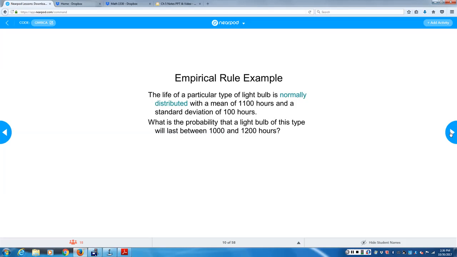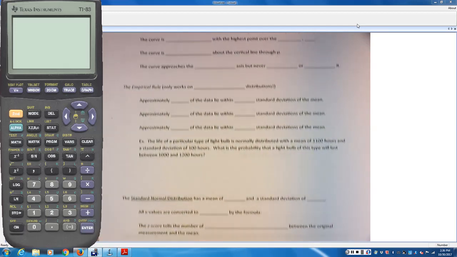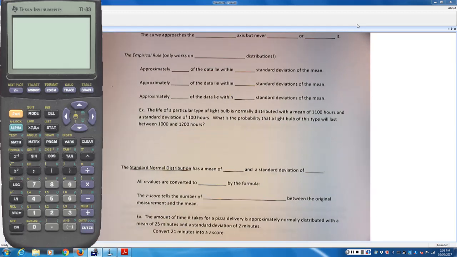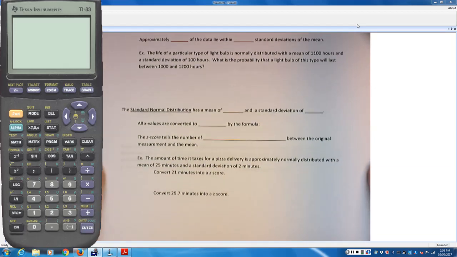So now we're going to do an example. And I'm going to stop out here and actually do the example with you. The example's in the middle of my page here.